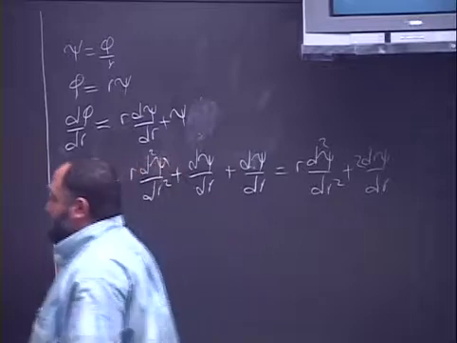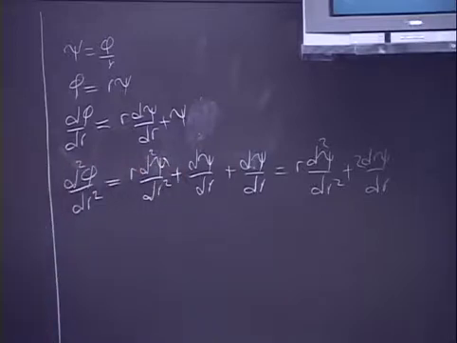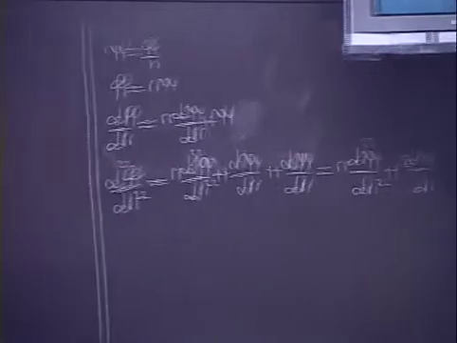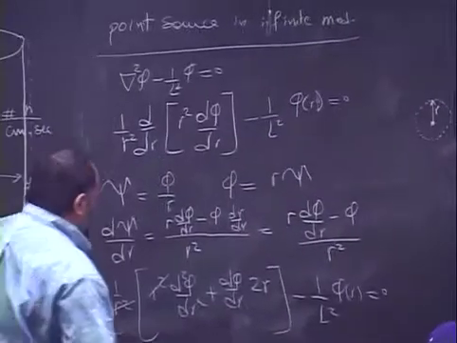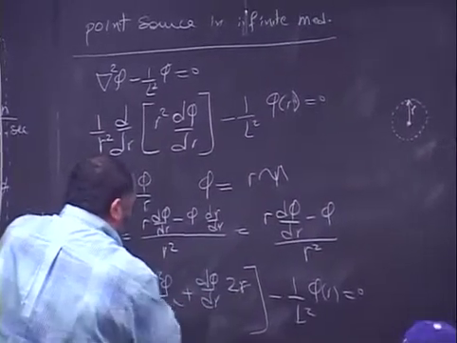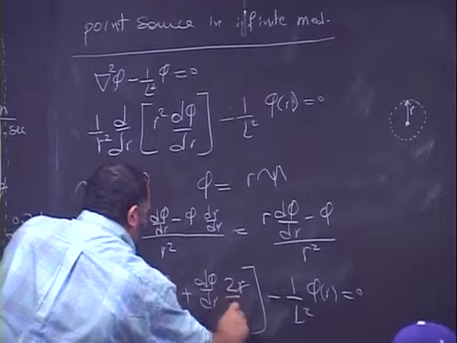Okay, so let's see. So r square will cancel with r square, and you will have 2 over r square, 2r over r square, so this will give you 2 over r.